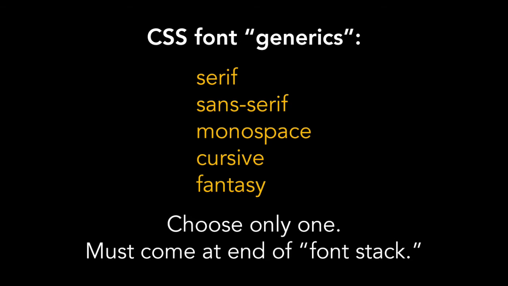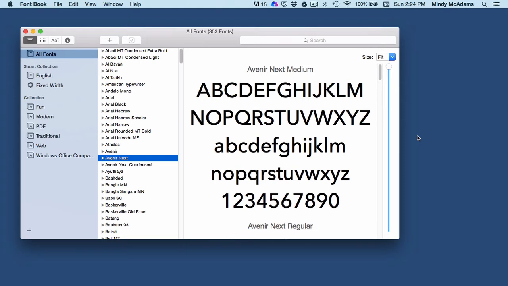Then this third type, monospace, is a kind of font where every letter takes up the same width as every other letter. I'm going to show you that with the fonts installed on my computer. Here we have a sans serif font, and you can see that the top row from A to M is shorter than the second row from N to Z for both the uppercase and the lowercase letters.